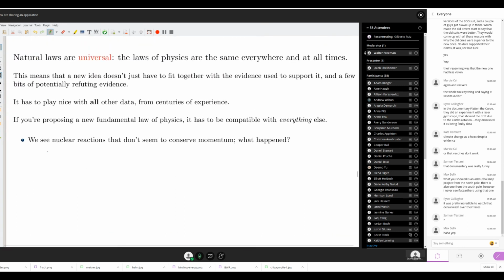What had happened was there were invisible particles that are very hard to detect, particles that they missed. These are called neutrinos. They've since been observed.